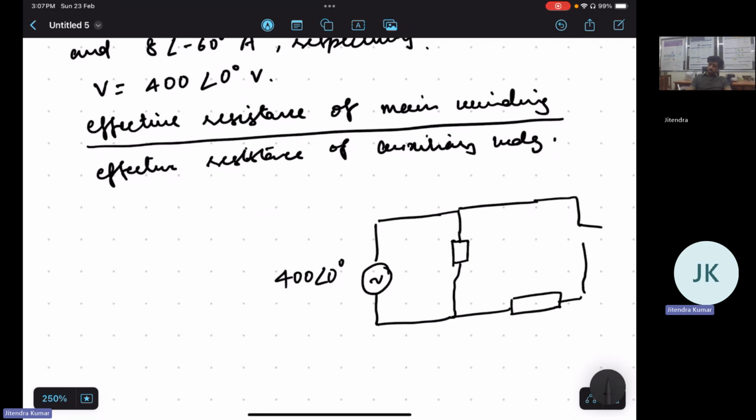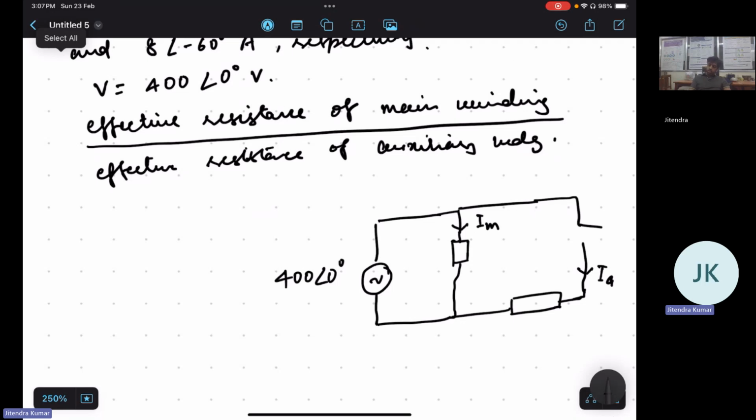There will be a centrifugal switch which will help in switching the machine and disconnect the auxiliary winding when the motor starts running at 75% of the rated speed approximately. So here IM will flow, the main winding current, and here IA will flow. Now, with the help of that, can we calculate the impedance of main winding as well as auxiliary winding?